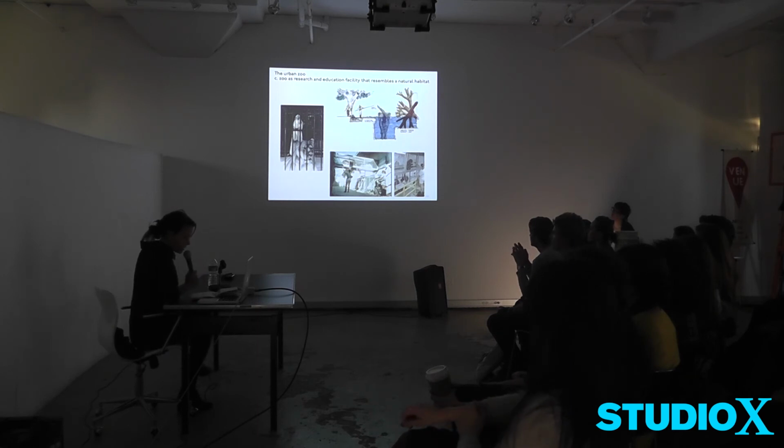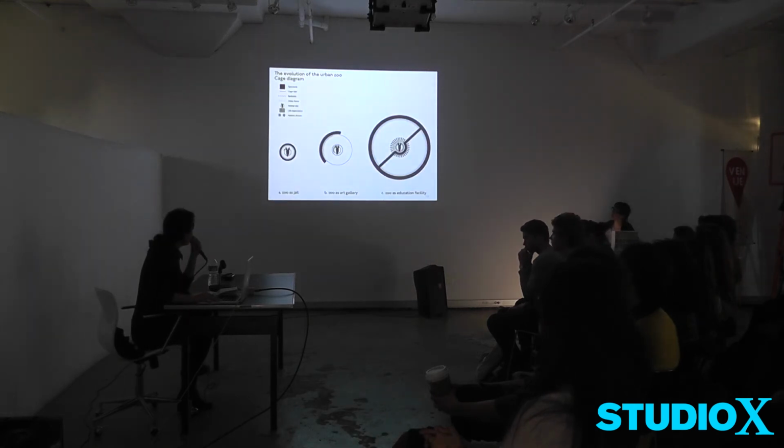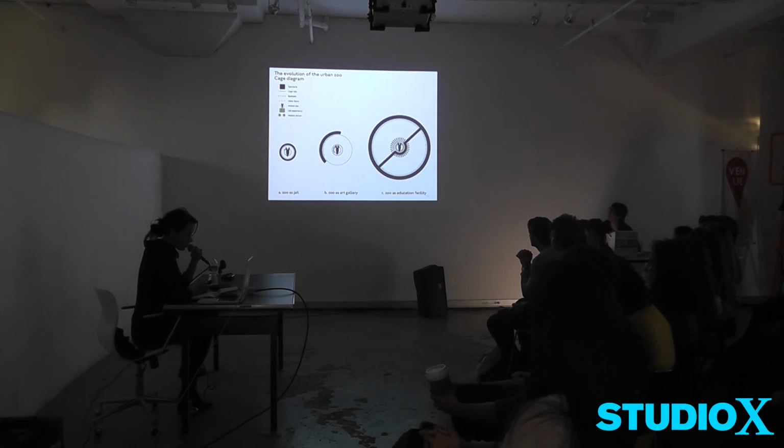And another thing is that the zoos changed. The spaces designated to the animal were much bigger, and you can see here in the diagram, the one that was given to the visitor got much smaller. The spectacle element was limited, and the cage mimicked the wild, the natural habitat of the animal on display.